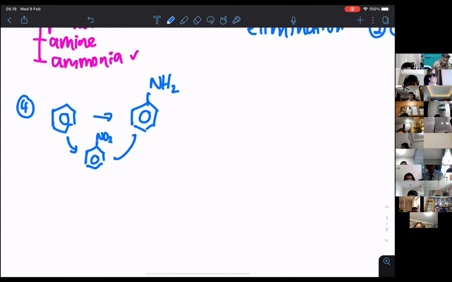Nitrobenzene you can reduce by using tin and concentrated HCl. After that, I think you need to use aqueous sodium hydroxide, and then you are going to get this amine, phenylamine.